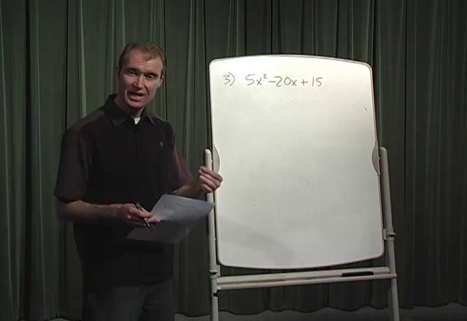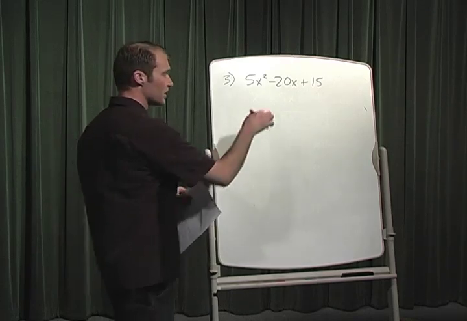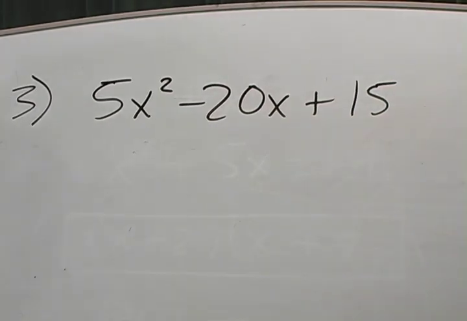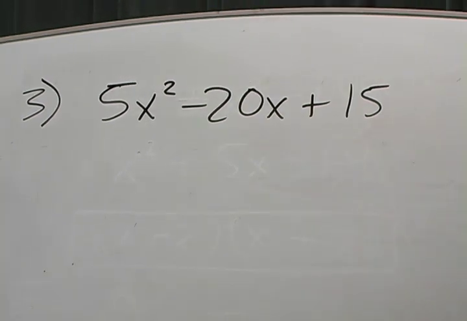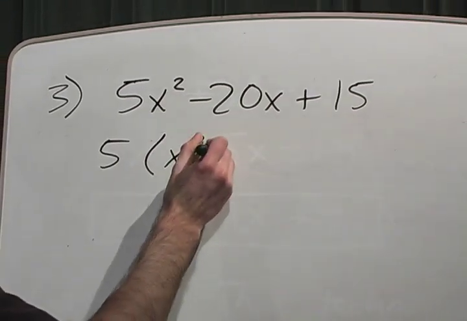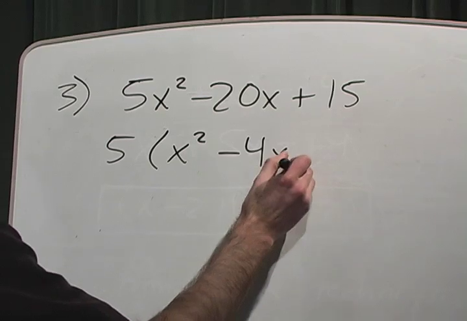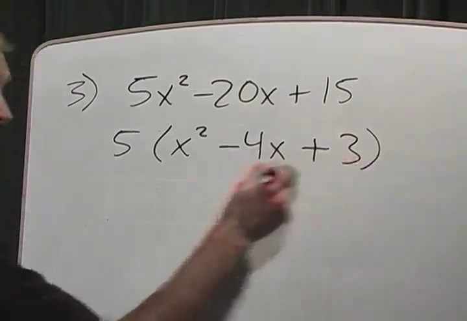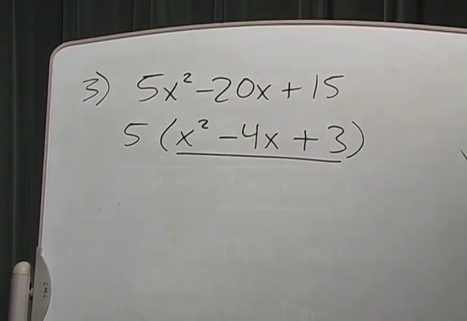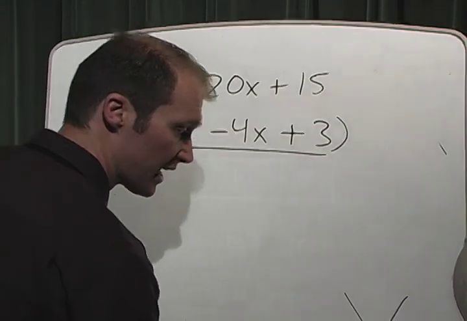But fortunately, I get a lucky break because 5 also goes into the other two terms. So what I'm going to do first is just factor out a 5. This is going to give me x squared minus 4x plus 3. And now this trinomial right here is in the form that we want. This trinomial is one that I could work with.